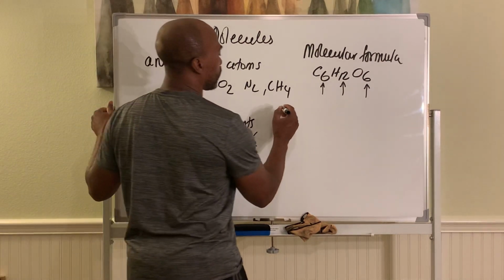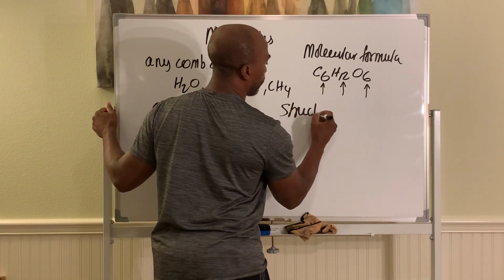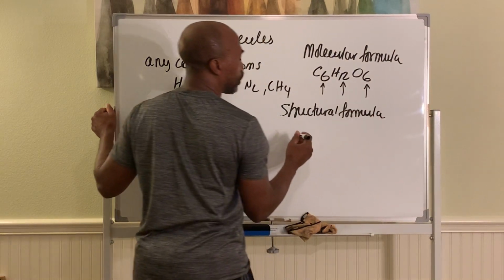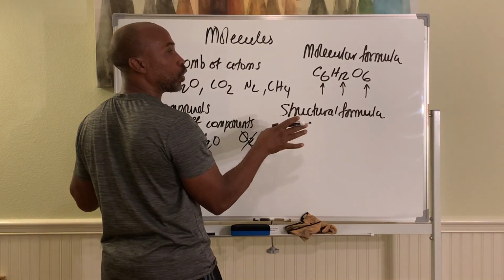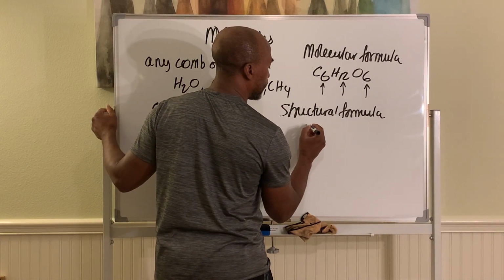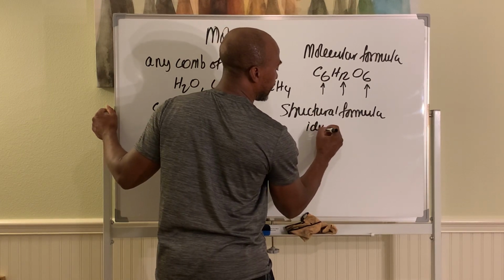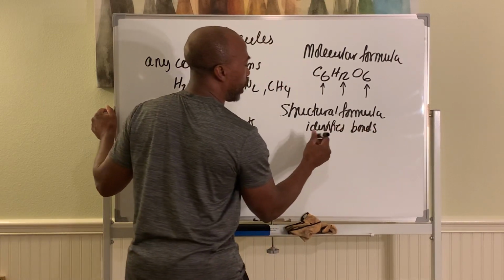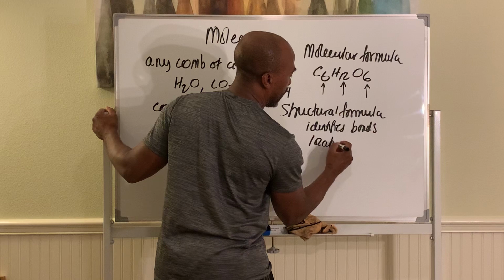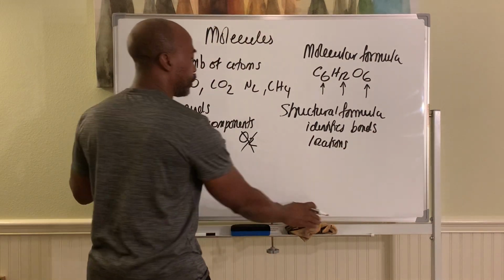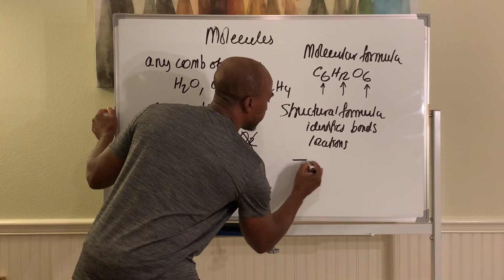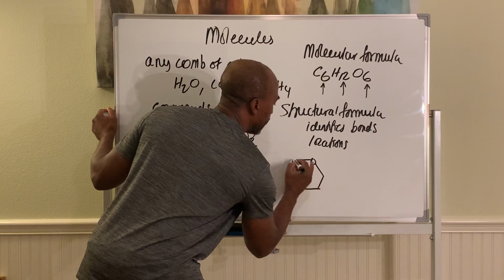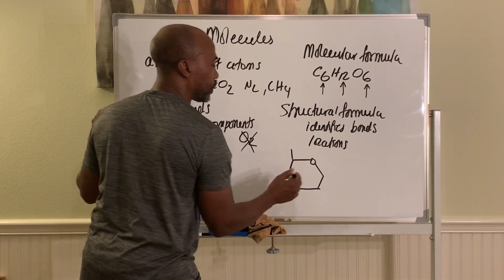There's also something called the structural formula. The structural formula shows you how the molecule is put together. So it identifies the bonds, the bond locations in the molecule. So for example, something like this is glucose.